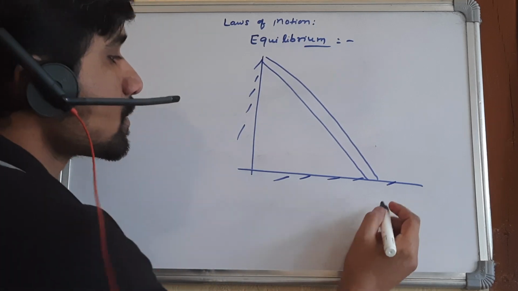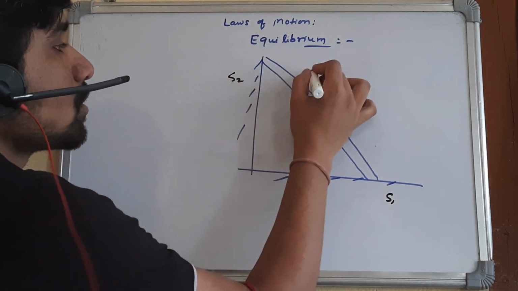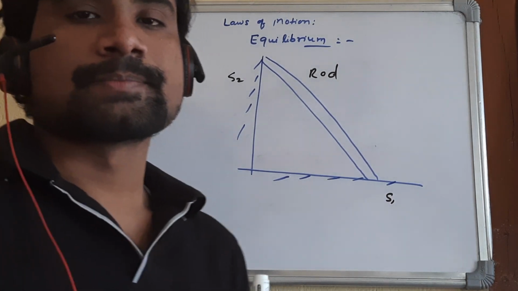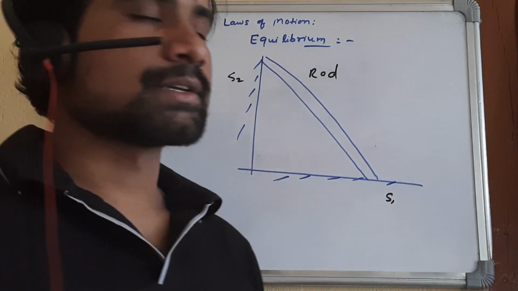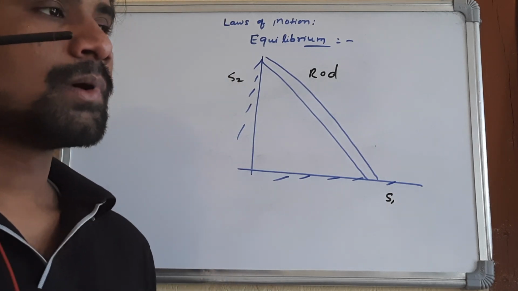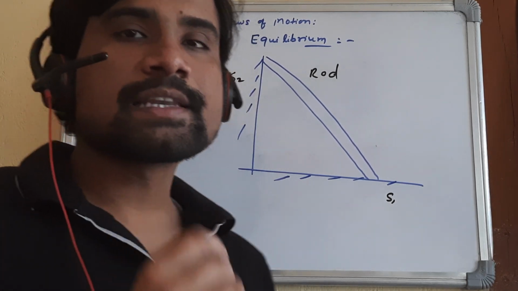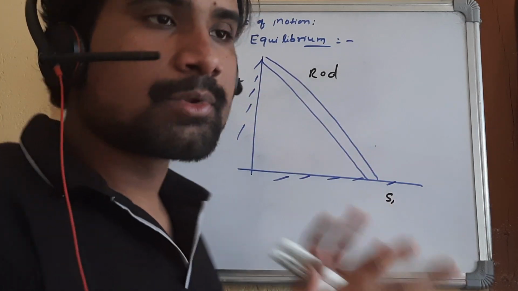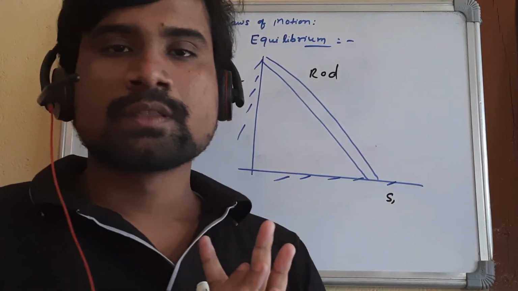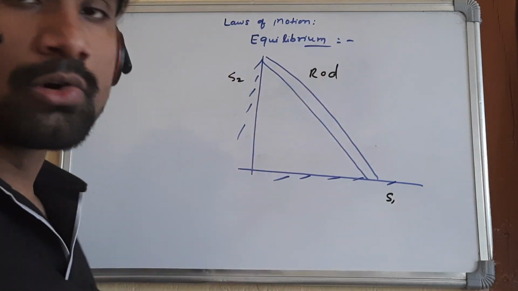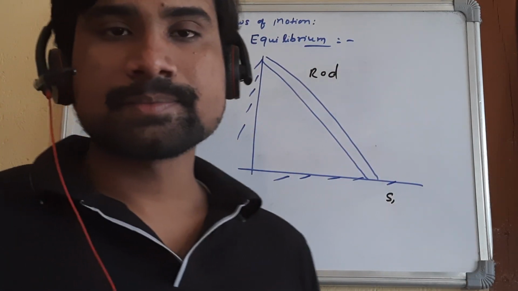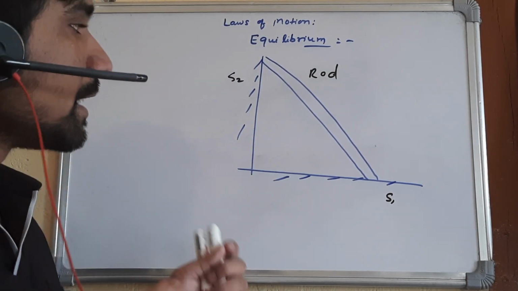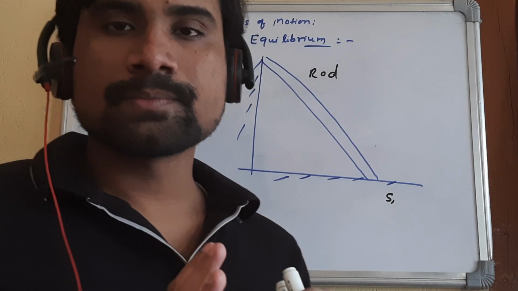Let's say the surfaces are S1 and S2, and this is a rod, right? And the rod is stationary. Now what does that mean? Rod is stationary basically means that whatever be the net force acting on this rod from the whole system is 0. We need to consider the rod as a whole and this whole system, and say that the net force on this rod is 0.